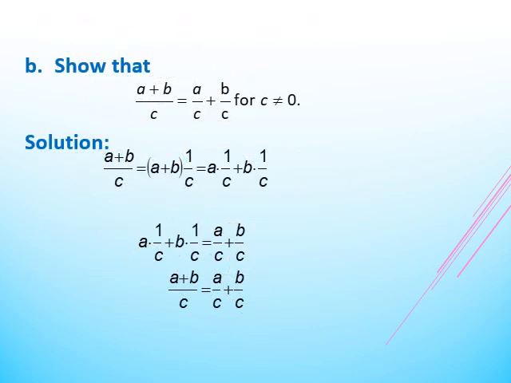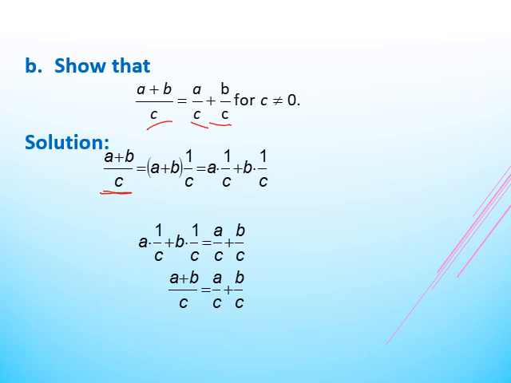Another example: show that A plus P over C equals A over C plus P over C. Let's take the left-hand side and make our steps to reach the right-hand side.